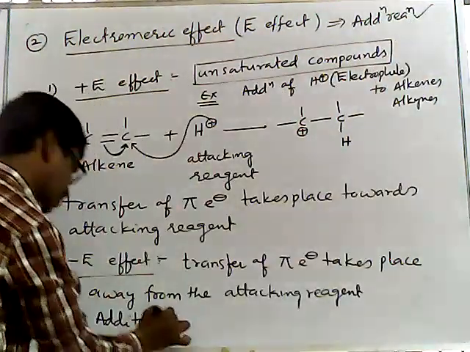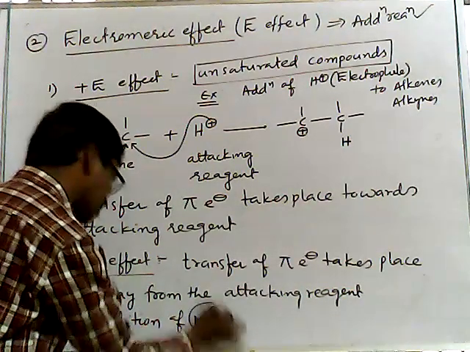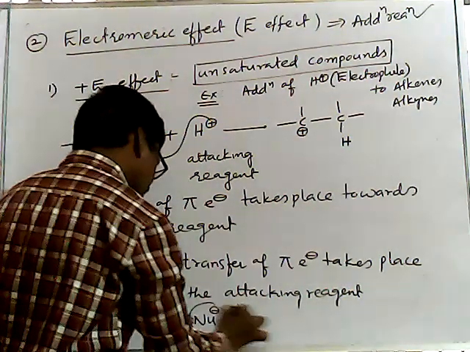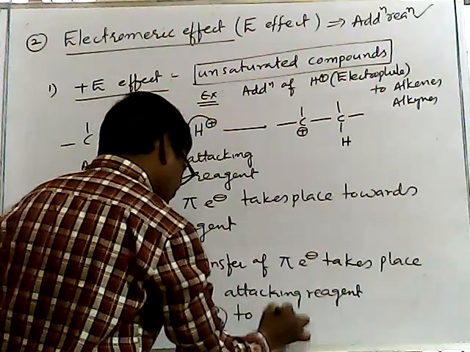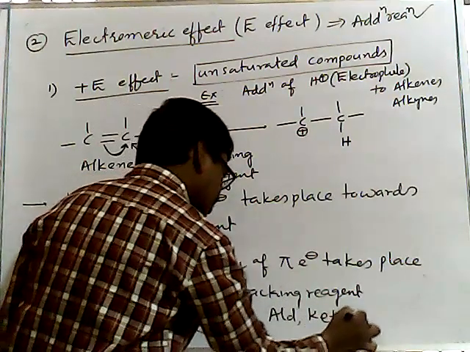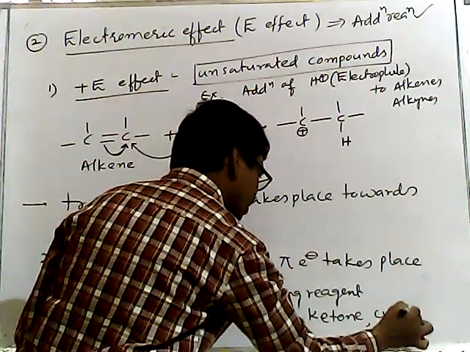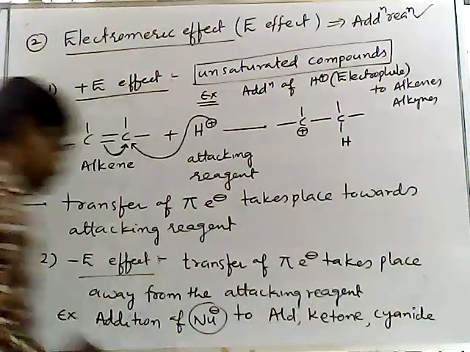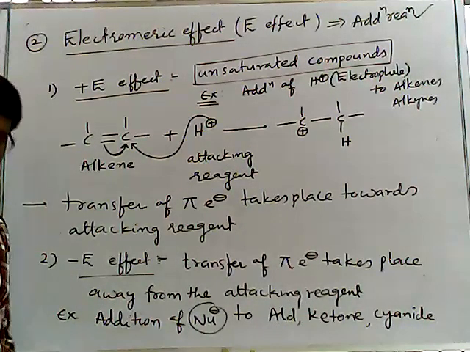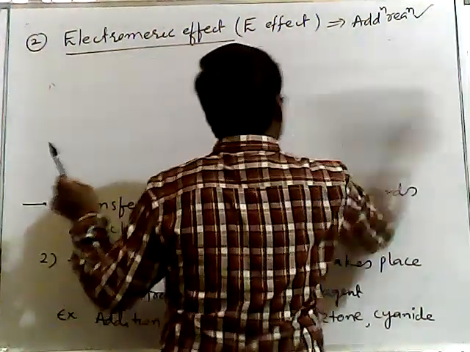So addition of a nucleophile, Nu minus means nucleophile, addition of a nucleophile to aldehydes or ketones or cyanides. They are the common examples for the minus E effect. See here, I am writing the reaction way.